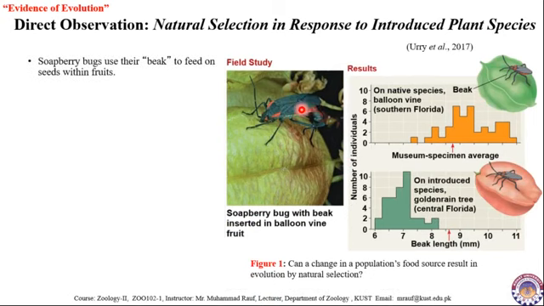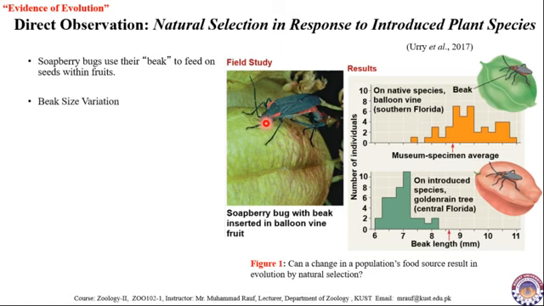This insect is the soapberry bug. It feeds upon seeds. The seeds are present within the fruit, so the insect uses its beak, or proboscis, and enters it into the fruit until it reaches the seed, and then it sucks the juice of the seeds.